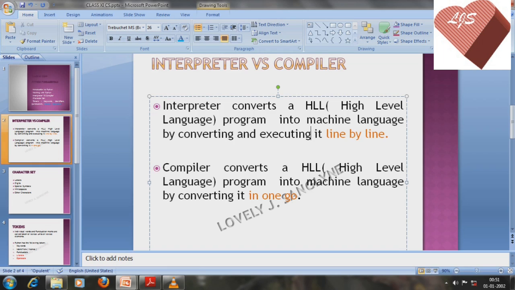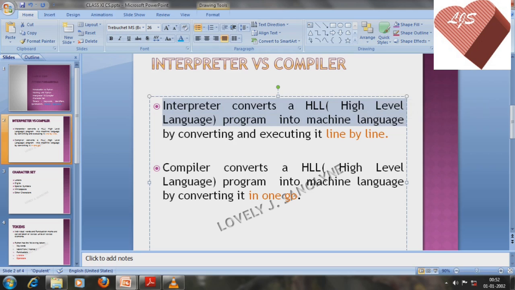For example, if you are in a place where you don't understand the local language, obviously you will need a translator, maybe your friend or relatives, to translate that language into a common language that you both understand. So when the translation is being done line by line or in the form of sentences, then that is an example of an interpreter. That means it converts line by line.